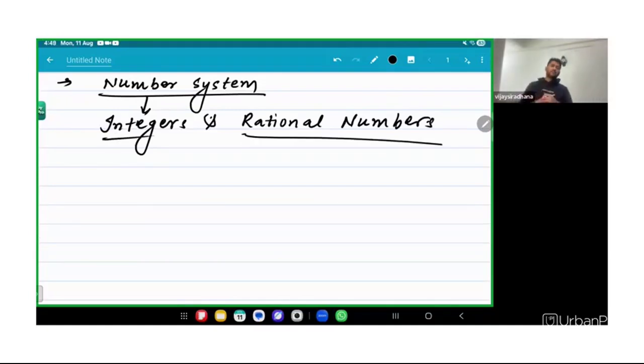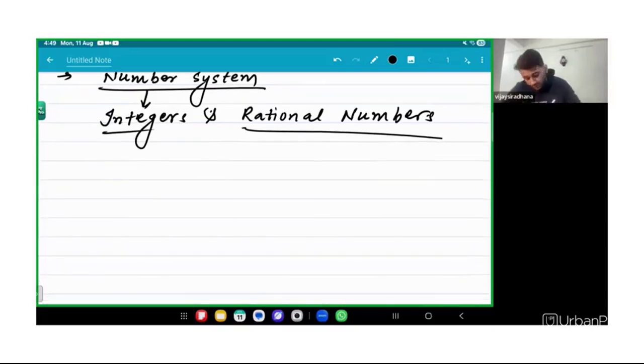Now, first of all, we'll talk about what do you mean by integers? Integers are the representation of natural numbers and their negative counterpart numbers.